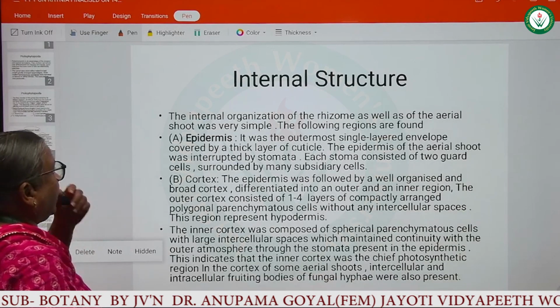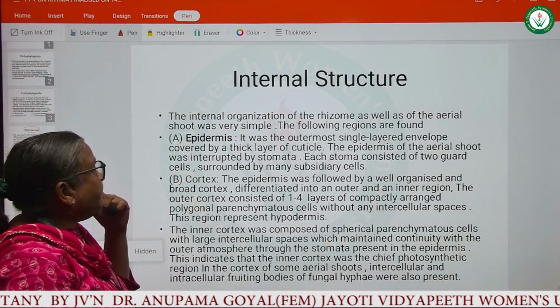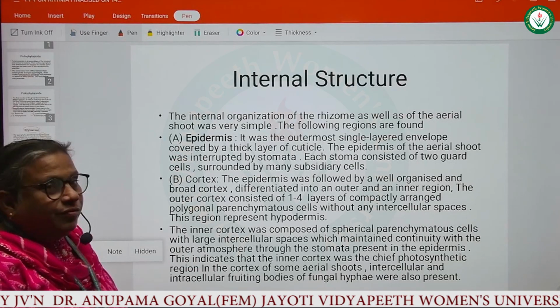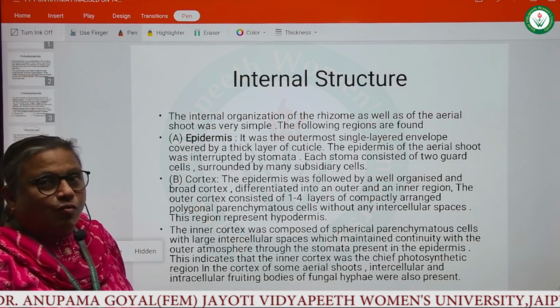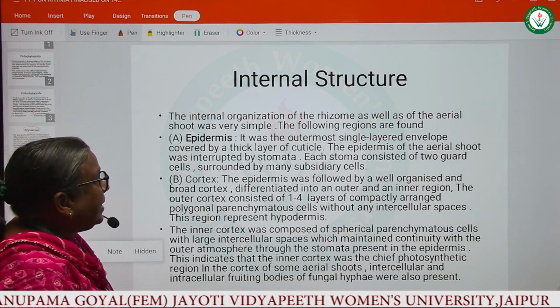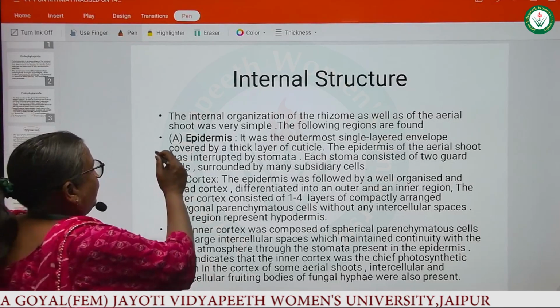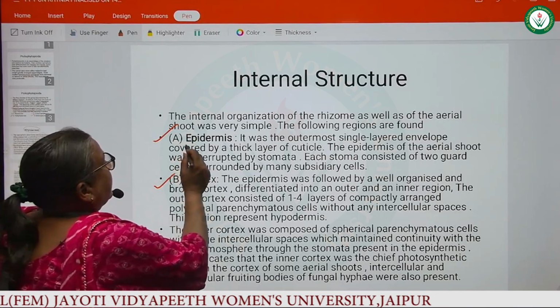Now I talk about the internal structure of Rhynia. The internal organization of the rhizome as well as of the aerial shoot was very simple, and the following regions were found: first of all epidermis, then cortex. Now I talk about the epidermis.